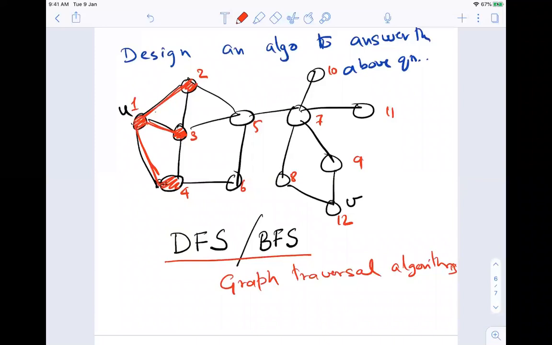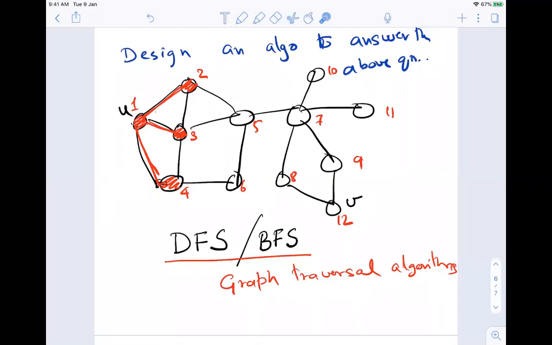Now, I am not done with it, right? I will now go to the first of these 3 things, which is 2, and look at all its neighbors. First I see, let me go to 1. Oh, 1 has already been marked red.